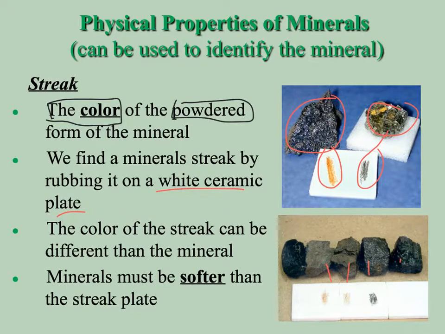I do have some that we'll try to use, but we'll see how it works out. The color of the streak can be different than the mineral's color, so you might want to write that down. That's why streak can be a dead giveaway as to what mineral you're dealing with, because only certain minerals have a different color streak than their actual color. So that's a dead giveaway towards certain minerals.